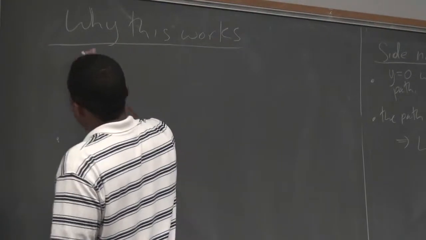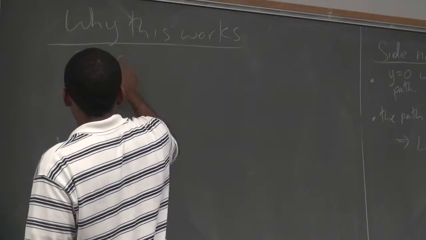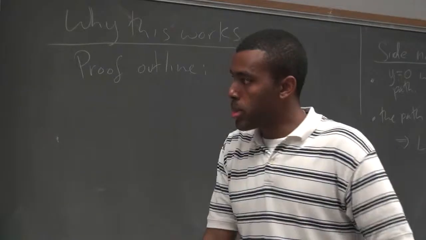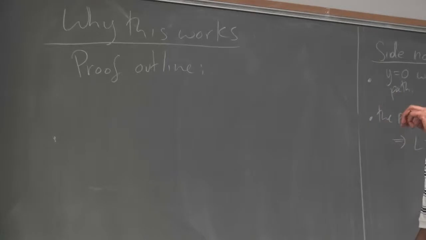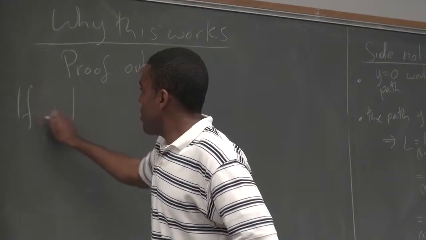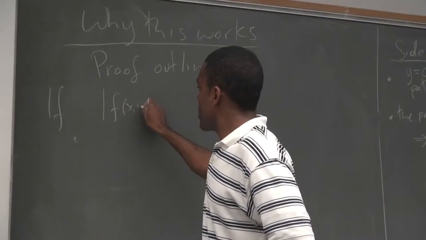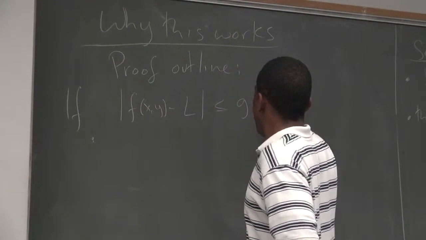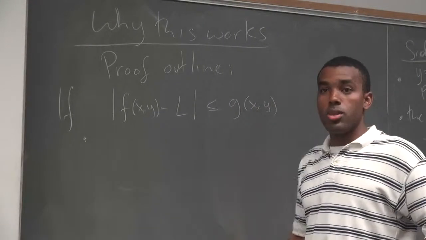Why this works, you get a proof outline. I'm not going to be very pedantic about it. But here's basically what it shows, right? If you in fact found a function such that this is true, what does the absolute value of this inequality tell you can do?